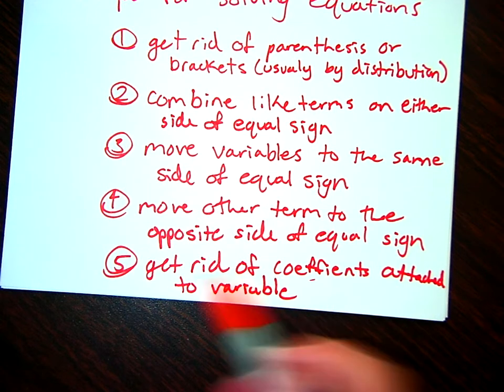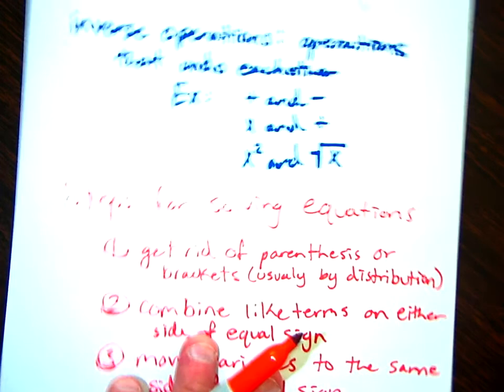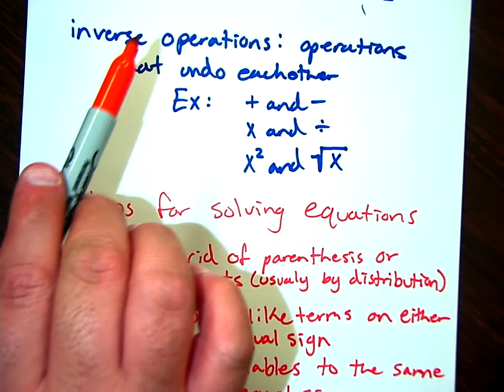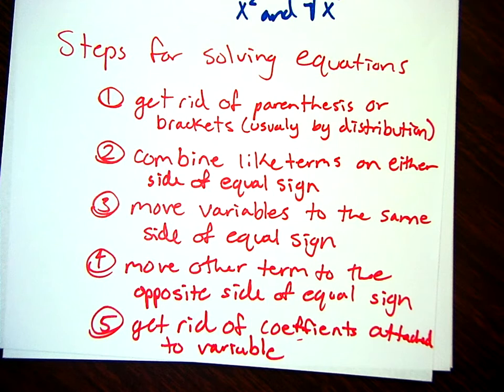And you're going to ask, how do we get rid of these things? Well, we're going to use inverse operations. Okay. All right, so now that we have these 5 steps, we're going to use them. All right, so let's take a look at an example of a multi-step single variable equation.